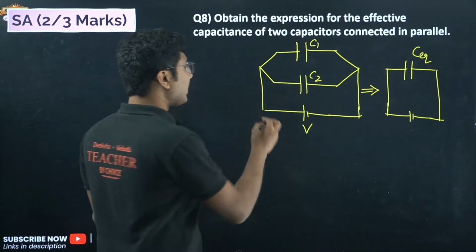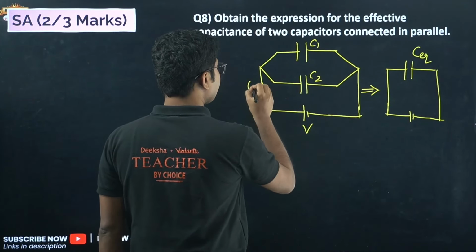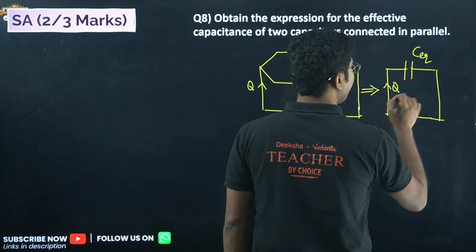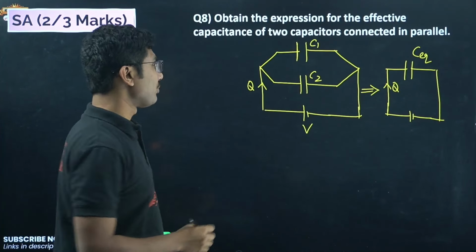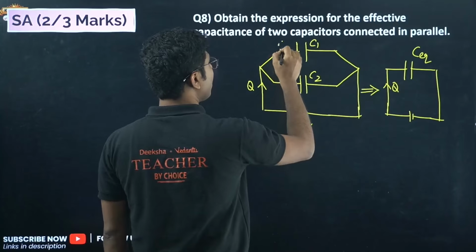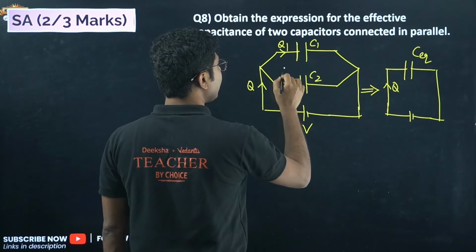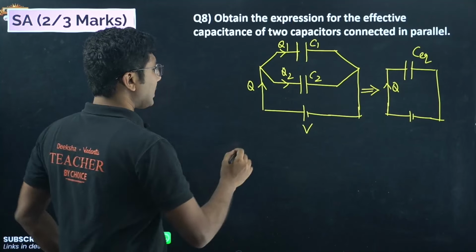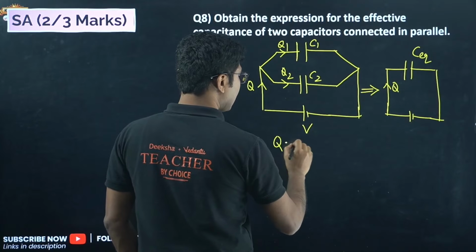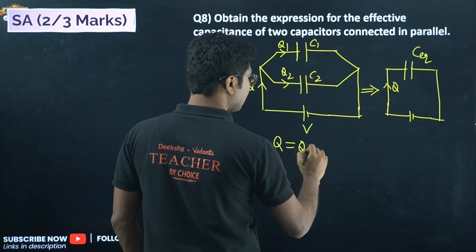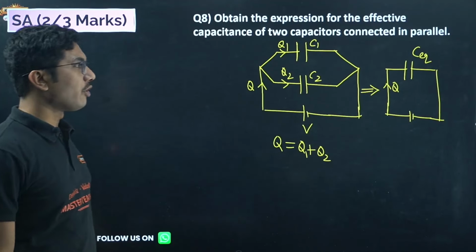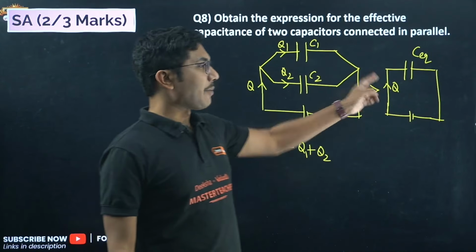What is the meaning of that? Whatever total charge was flowing, that same total charge will be flowing for this capacitor as well. Suppose the charge stored over here is Q1 and over here is Q2. Obviously from conservation of charge we can say that the total charge Q is equal to Q1 plus Q2, and the same thing should be followed for this capacitor as well.